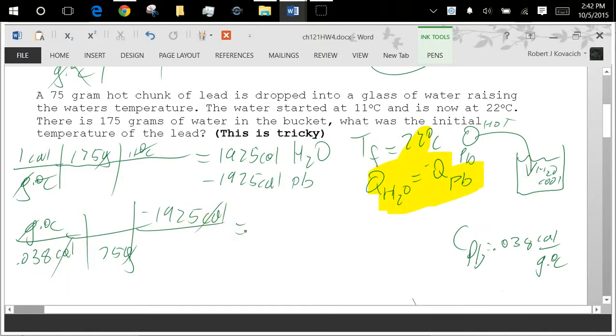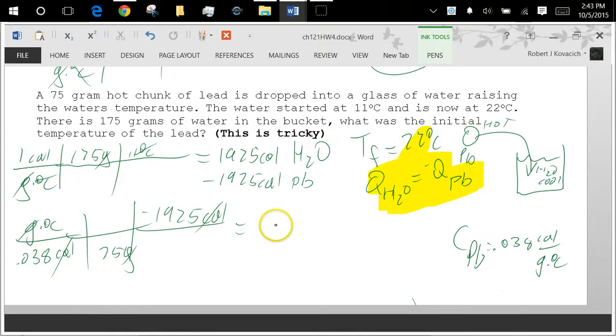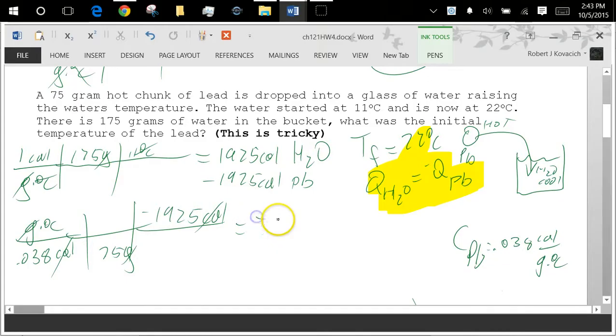And then if I take that divided by 0.038 divided by 75, I get negative 600 degrees C. What is that number?